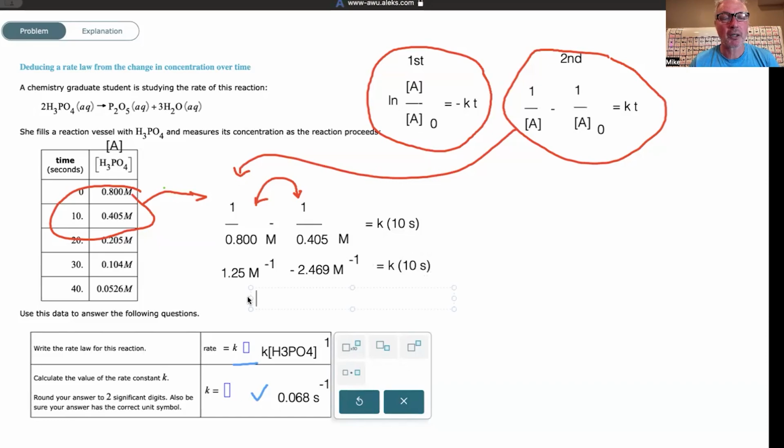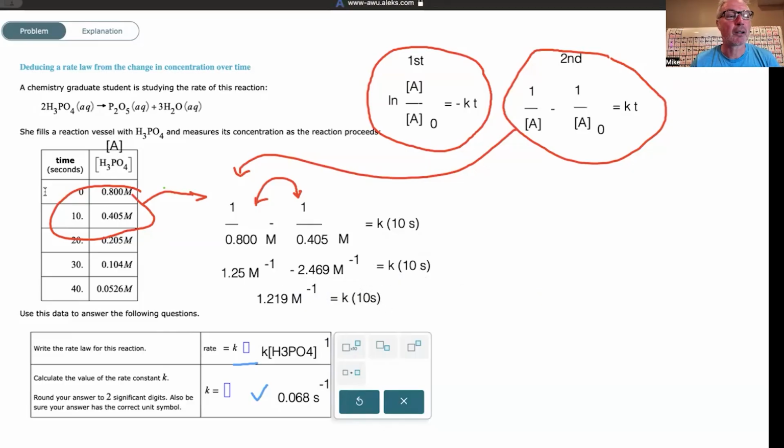So what I'm going to do is take 1.25 minus 2.469, and I'm going to find out that that's negative, but still should be the same value, 1.219 inverse molarity units equals K times 10 seconds.